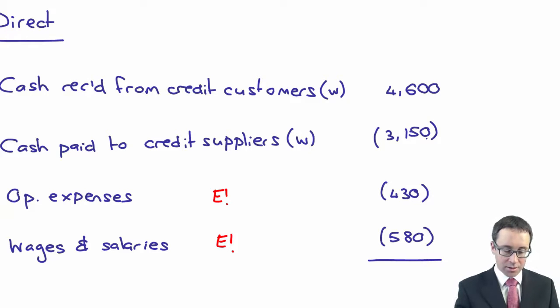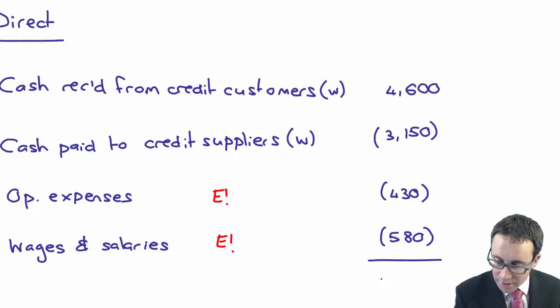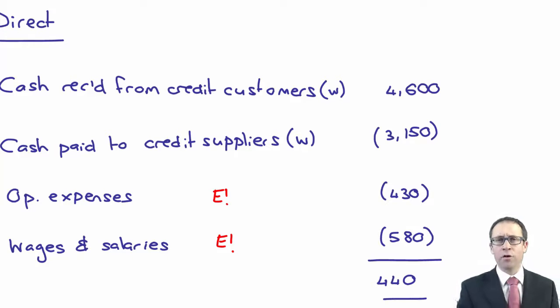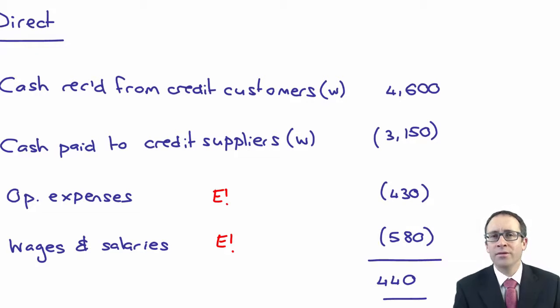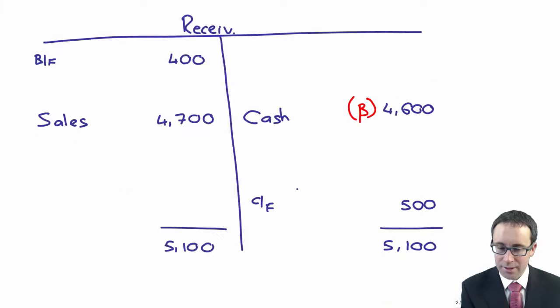And once you've got that, you can then work out your cash from your operating activities, which is 440. Okay, excellent. I can hear some of you crying at the other end of the internet connection because we've used T accounts.